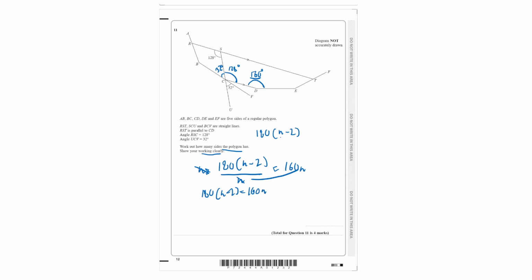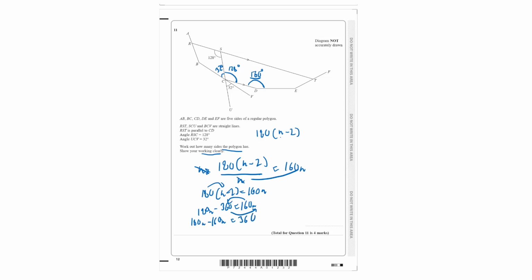We can then multiply 180 into the bracket: 180n, and 180 times negative 2 is negative 360, equal to 160n. We can bring 160n to one side and negative 360 to the other side. So we have 180n minus 160n is equal to 360.